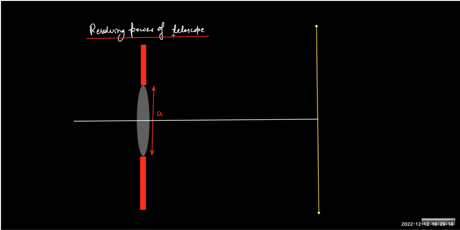So think about two stars. Twinkle, twinkle, little stars. We have the first star. And imagine when the light coming from the first star passes through the slit, it creates a diffraction pattern, as we know, right? I'm doing something like this. It's actually on the plane, but I'm just flipping it by 90 degrees and showing it to you.